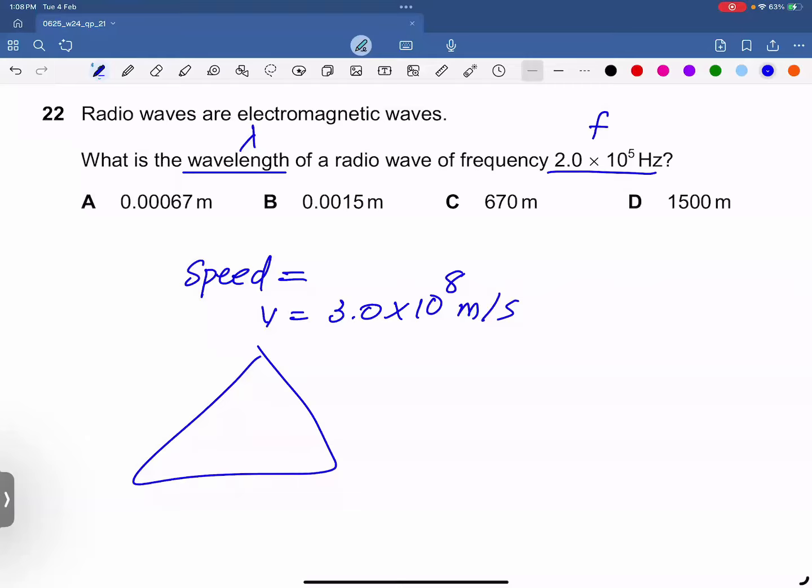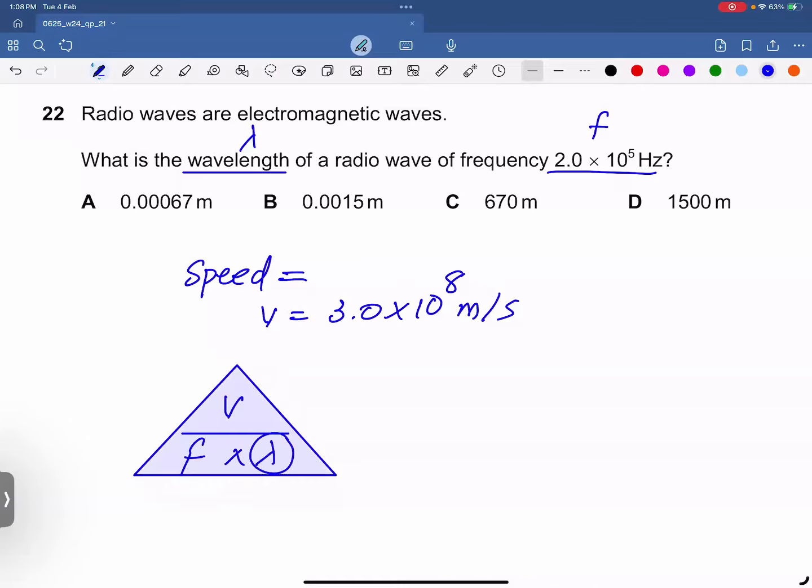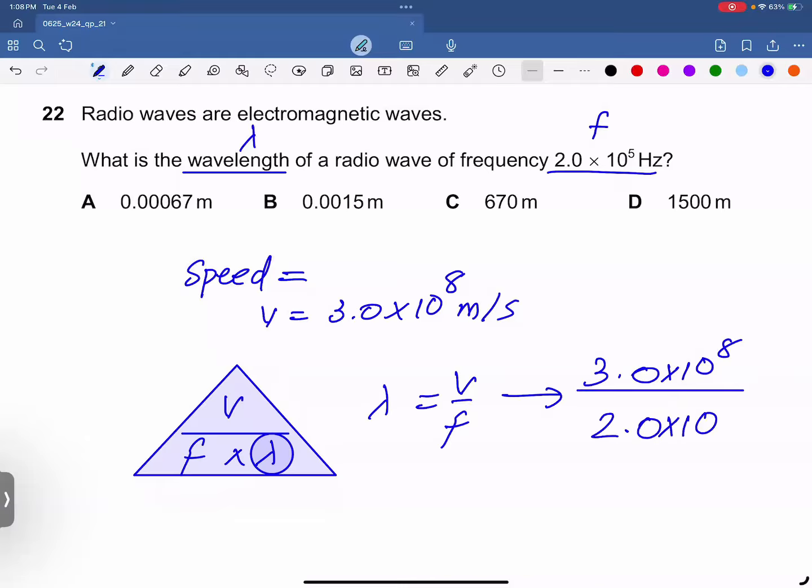You will make this triangle if you are feeling difficulty in rearranging. So v equals f times lambda. From here, lambda will be v over f. V, the speed you have to memorize, it is 3.0 × 10^8 over f, frequency 2.0 × 10^5.